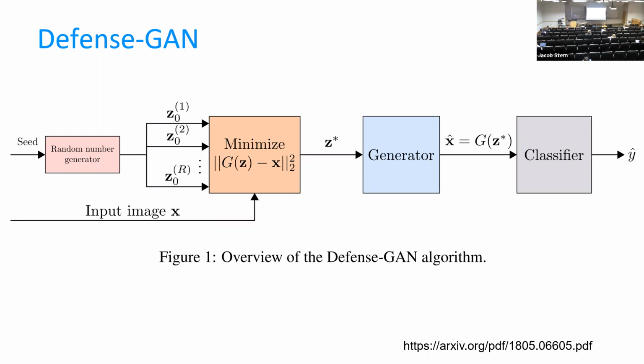So the classifier does not receive perturbed images as input. I don't think that's why this works so well. Yeah, what do you think, Dane?